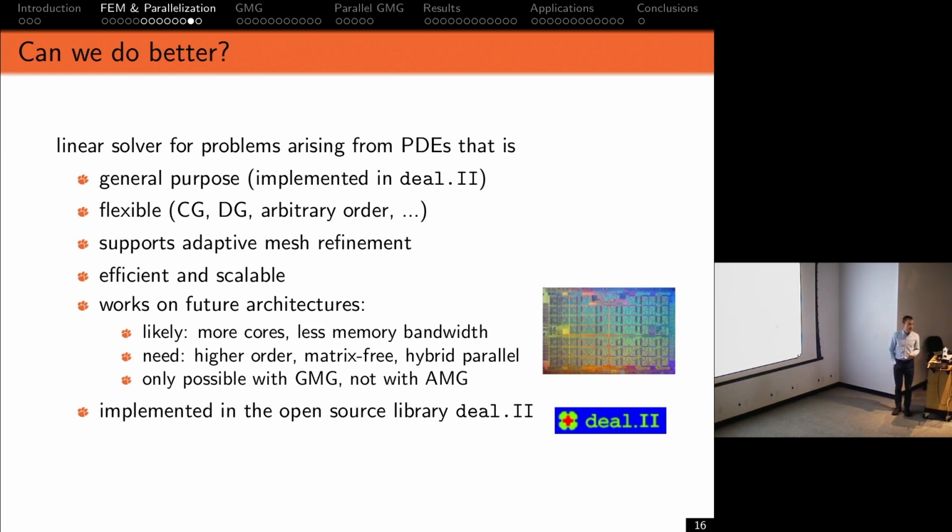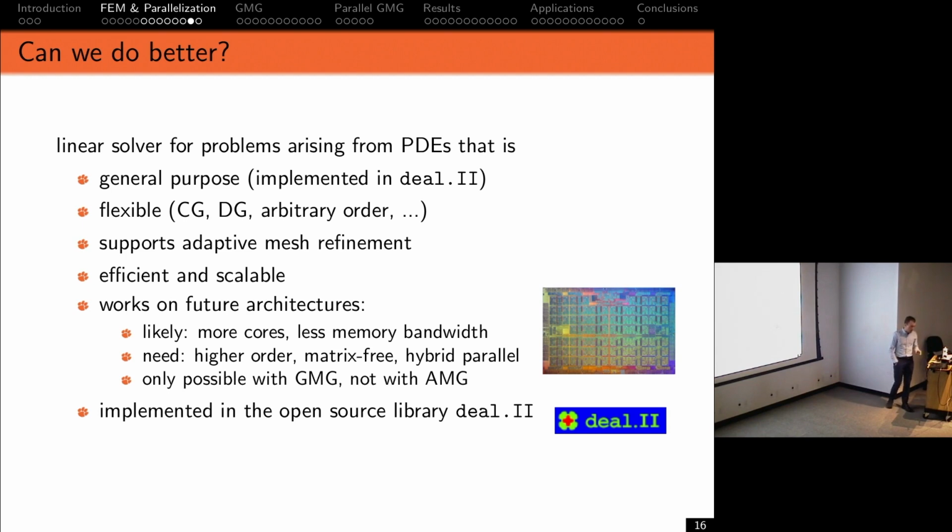I don't want to build matrices. And I need to be very flexible with respect to parallel computing, right? From low-level vectorization up to between-node communication. And so what I'm getting at is that we need to go to geometric multigrid instead of algebraic multigrid.